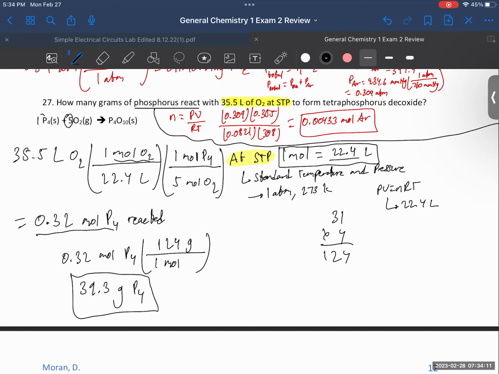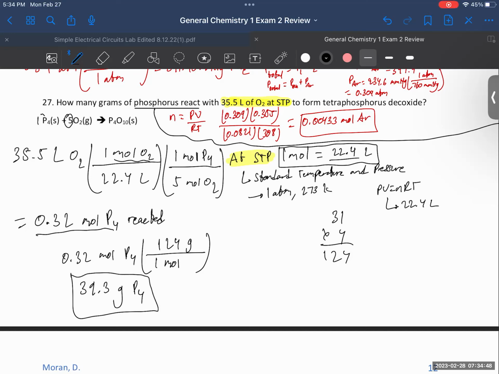All right. Any other questions? So anytime it has standard temperature and pressure, do we not use the ideal gas equation? Anytime it has standard temperature and pressure, and if it gives you a liter amount or a mole amount, then you can use your 22.4 conversion factor. So is there a trick to know when not to use the equation?